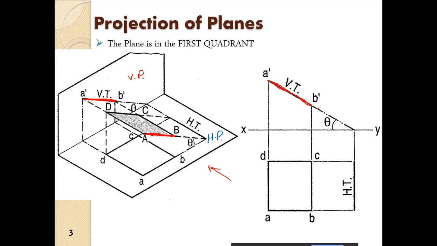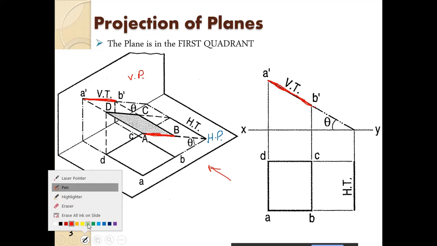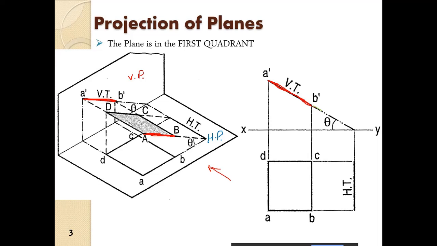So we draw that, we extend it to meet the intersection line here, right? And from there on, we project it vertically down, this line over here.